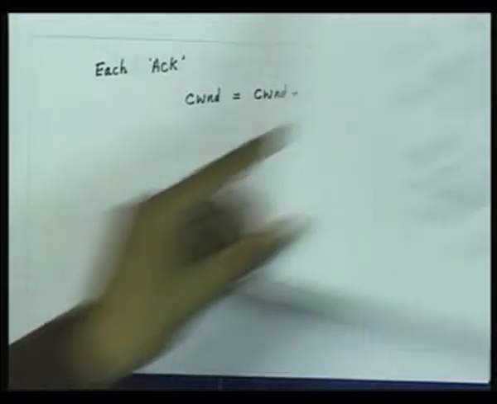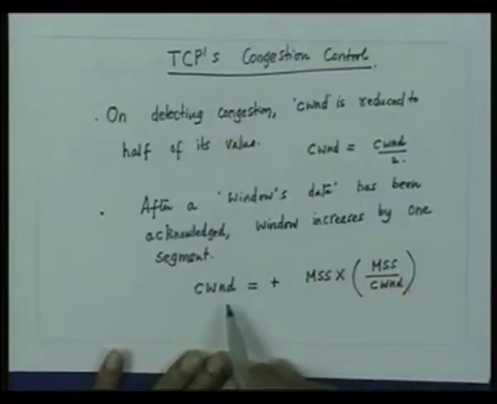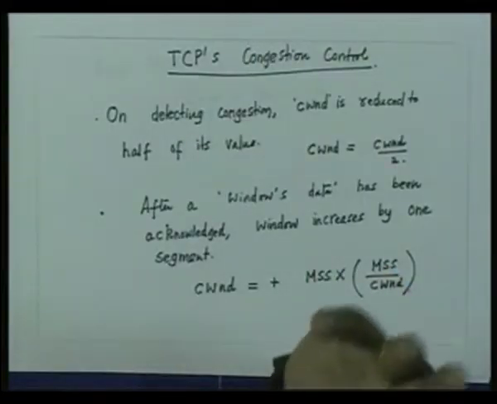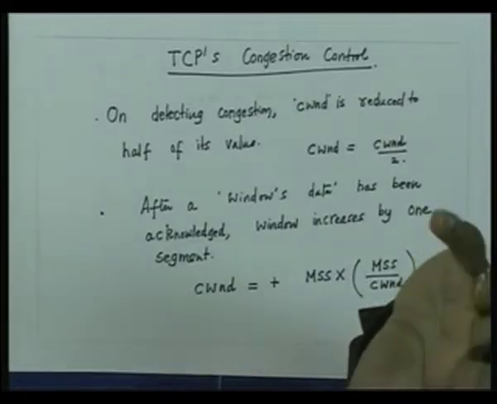But remember that the congestion window in TCP is measured in terms of bytes, so this is the correct equation. Whenever you have received the acknowledgements for all the bytes that have been sent during CWND, that means when acknowledgements for the entire CWND worth of data have come, the window size will increase by one segment, and whenever it detects congestion, the window size will decrease to half.